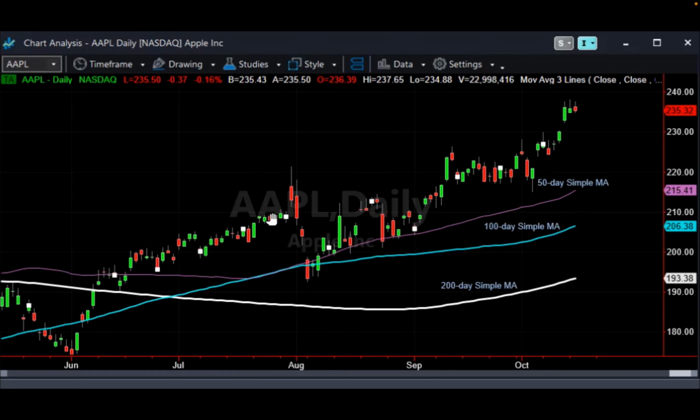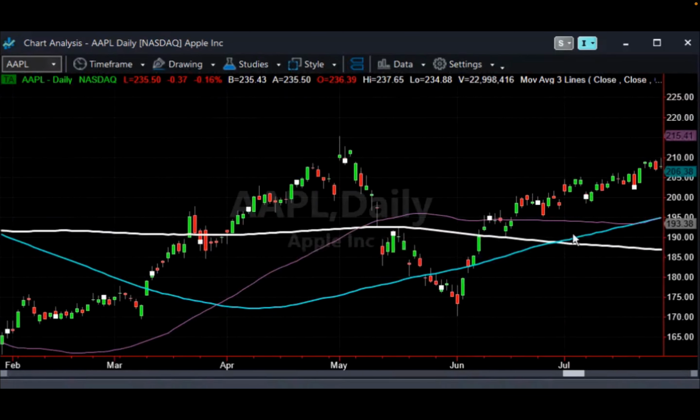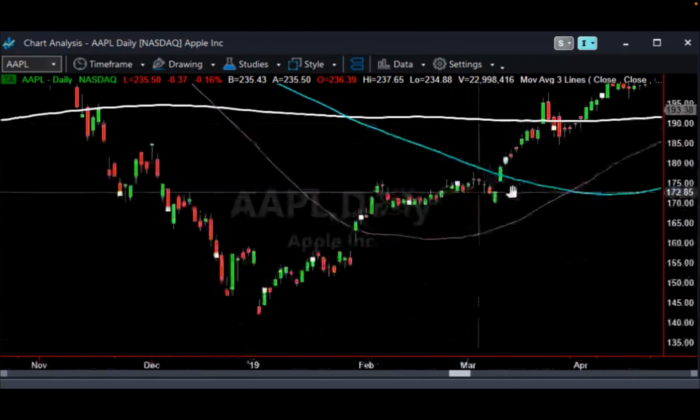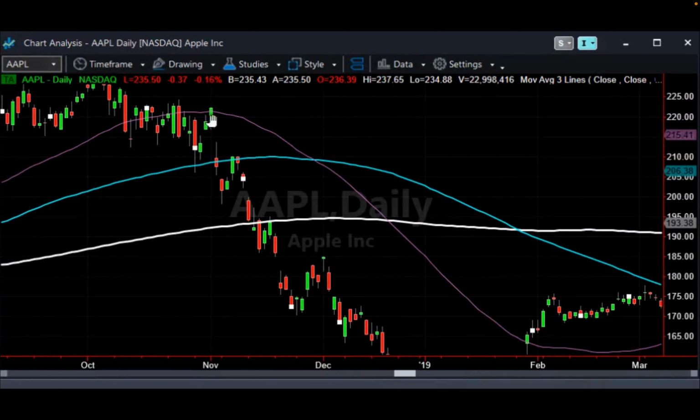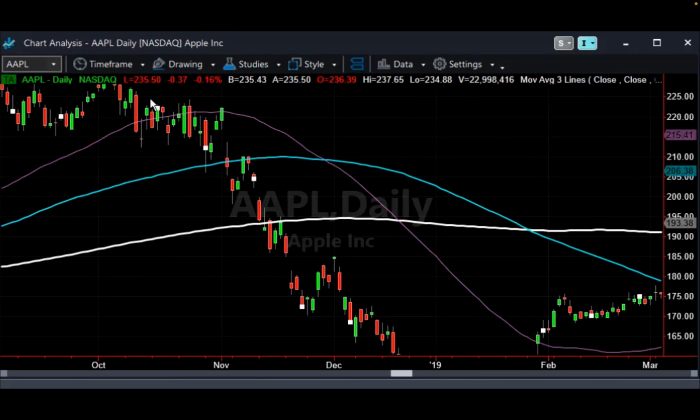And conversely, if a stock is moving in a downward trend, like Apple was from this point forward, look at this movement. This is clearly a downward trend. You can see that the price starts trading below the moving averages, and you have a cross.